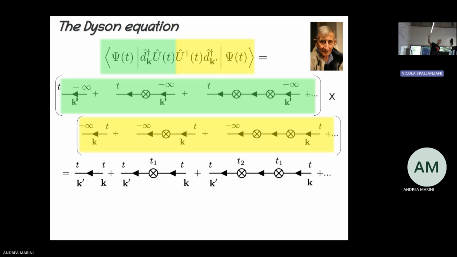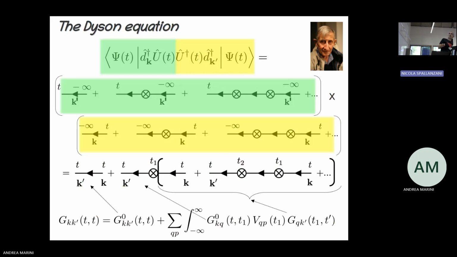So this description, which is actually the extension of Lippmann-Schwinger to the full problem, is the Dyson equation. The Dyson equation is just a way to rewrite the Green's function in terms of the bare Green's function and the interaction. Again, this is very much like Lippmann-Schwinger. It is the simple rewriting of the Schrödinger equation.